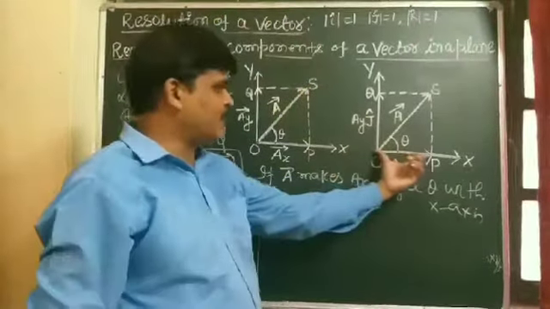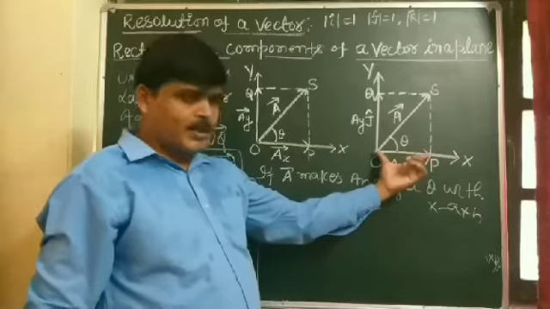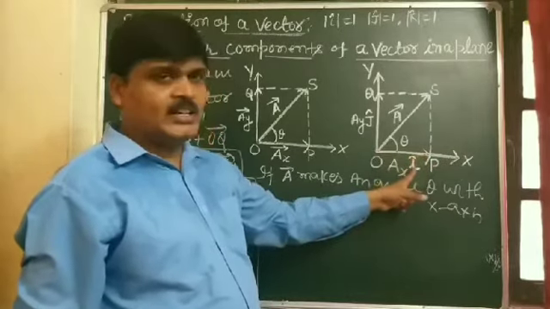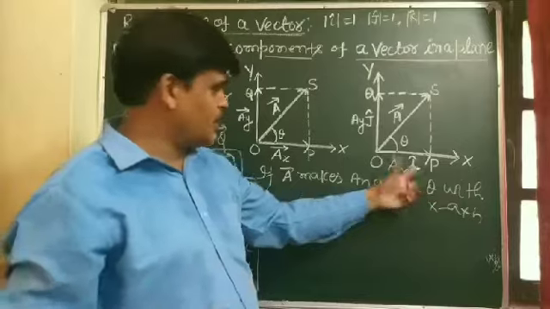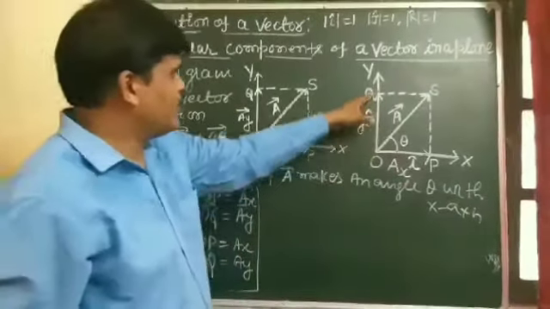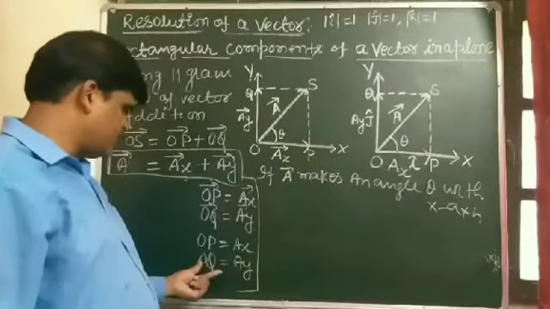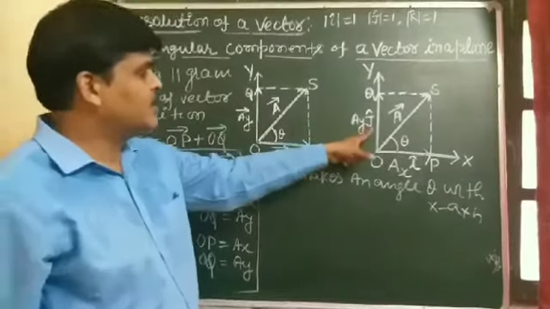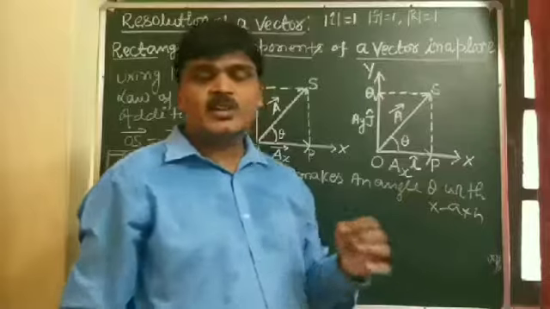So if we write the magnitude of this OP vector, the magnitude of i is 1, so OP can be written as Ax. Similarly, OQ can be written in magnitude as Ay, because the magnitude of the unit vectors is 1.